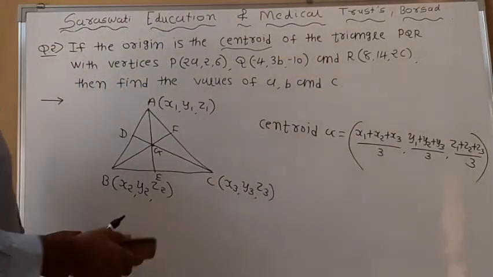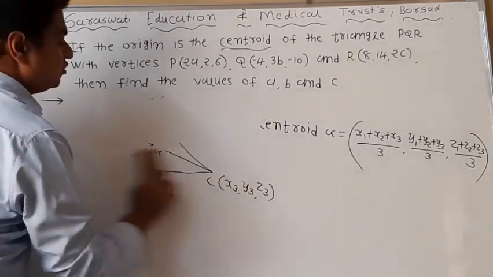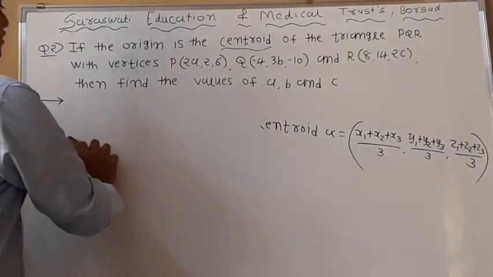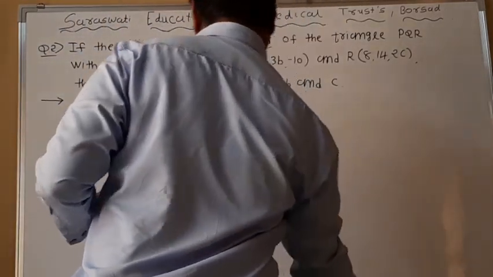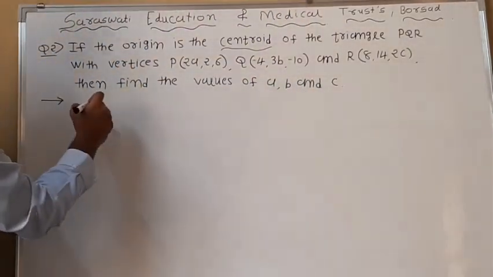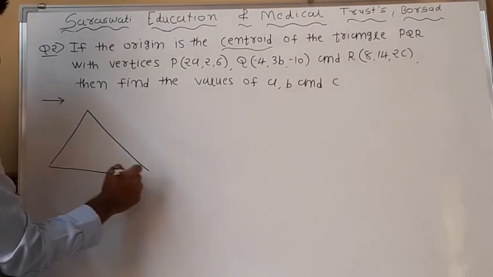So using this result, now solve this question. Again, the origin is the centroid of triangle PQR, so first draw one triangle PQR.